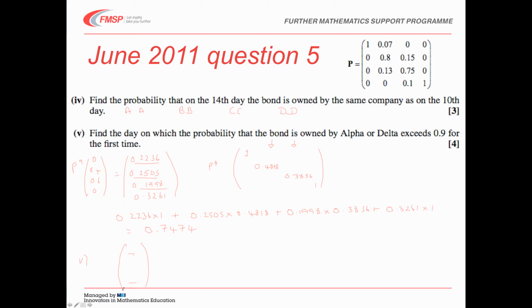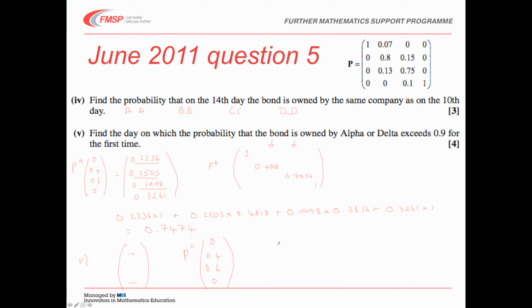And the only way we can do that is trial and error. So we need to work out some powers of P. We need to remember to multiply by that initial state and keep going until the first and the last ones in the column add up to 0.9. So there's quite a lot of work here.